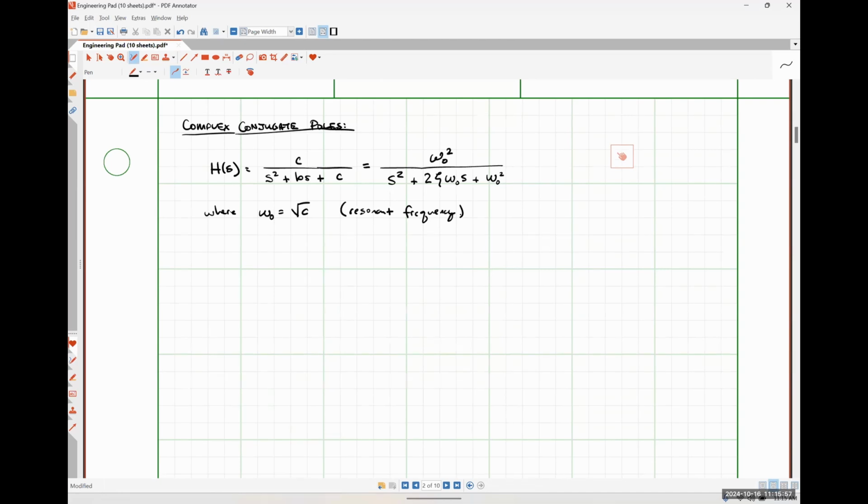And then zeta, that looks even worse than normal, is equal to b divided by twice the square root of c. And this is what's known as the damping factor of our system, okay?